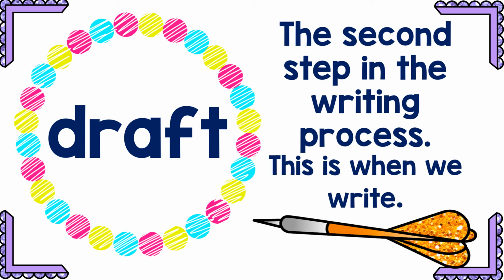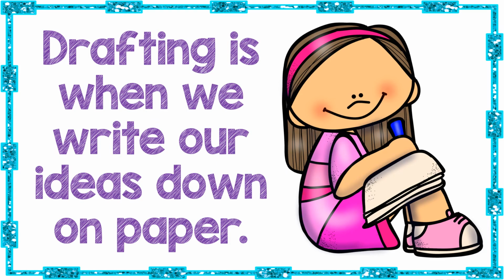So your draft is the writing part of that brainstorming. So if you are drafting a list of things to pack, you may not write it in complete sentences. You may just make a list of something, but you're writing down what just happened in your head.